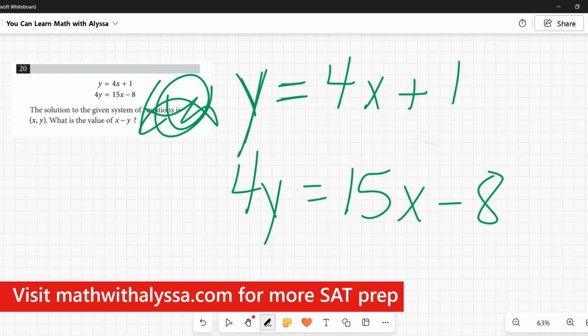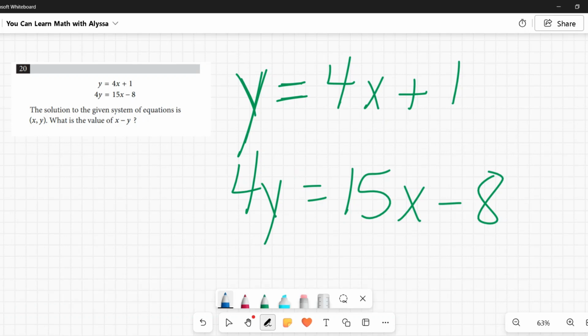If you're in math class, you have to do that kind of stuff if your teacher tells you to and says you have to use substitution. On the SAT, you don't have to use a method you don't want to, so you wouldn't have to go through the process of isolating it. Given that they've already isolated a y, it's possible that this might be not too horrible. We'll see. Let's try it out.